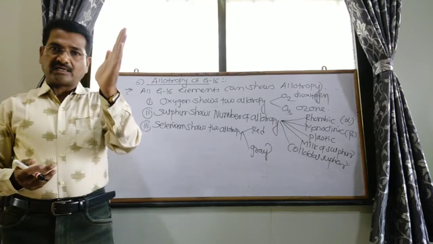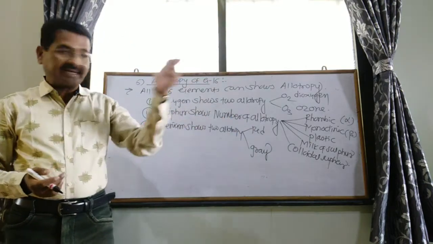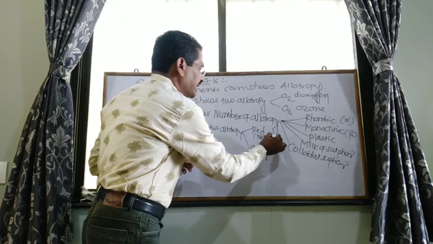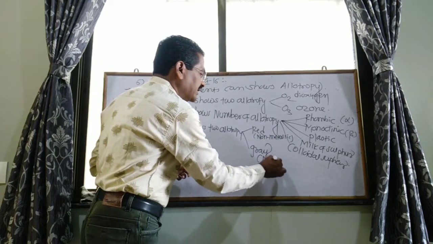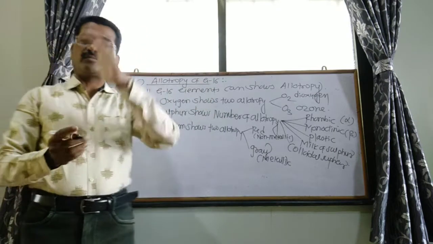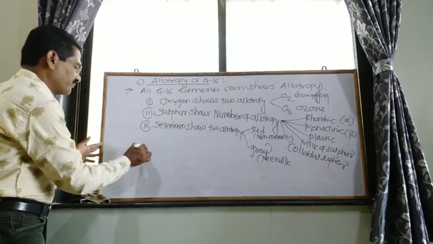First one is red and second one is grey. Red is non-metallic and grey is the metallic selenium allotropic form.